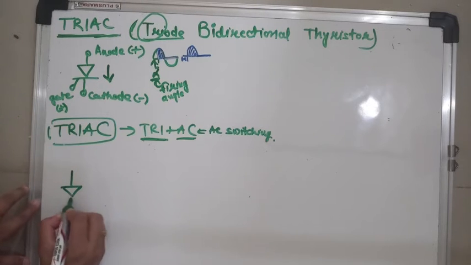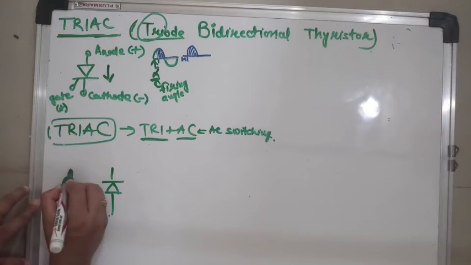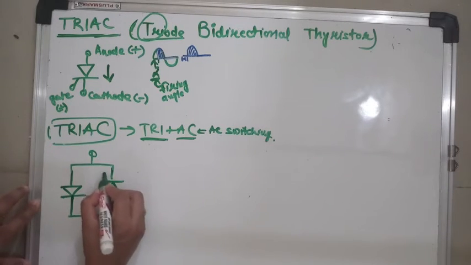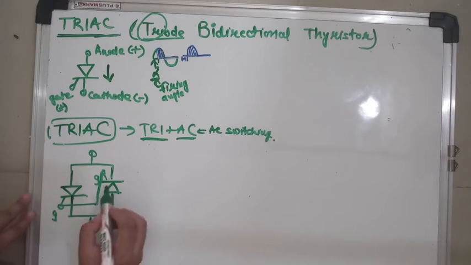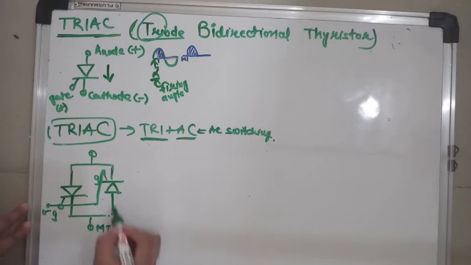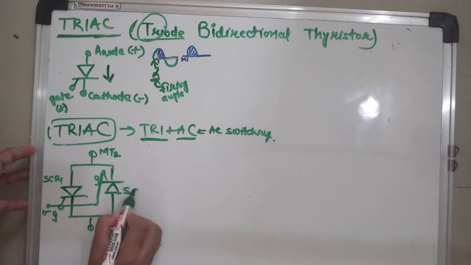If I say one SCR is here and another SCR is here, connected anti-parallel, and the gates of both SCRs are connected together, and we take out one terminal which is labeled as the gate. Here a main terminal 1 and here a main terminal 2, instead of giving the names anode and cathode, here SCR1 and here SCR2.